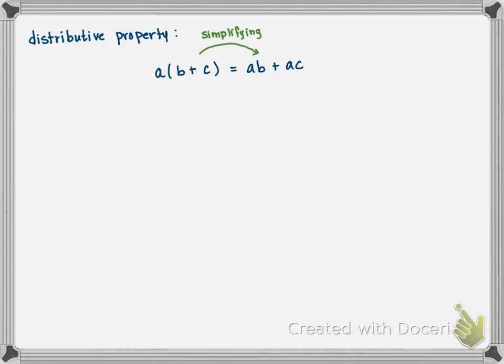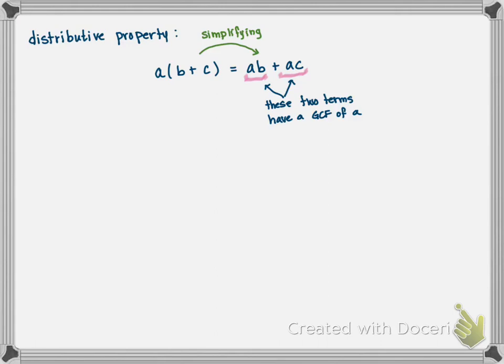But we can start on the right side and notice that we have two terms, and that these two terms have a GCF of A. So they both contain a factor of A. When we say they contain a factor of A, what we mean is just that entire term is A times something else.